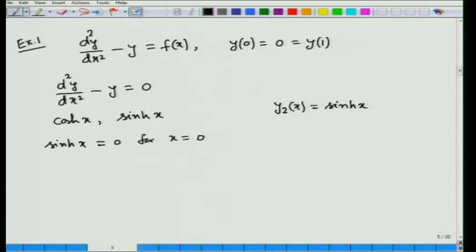Now, we have to find a linearly independent function which will satisfy the right end boundary condition.